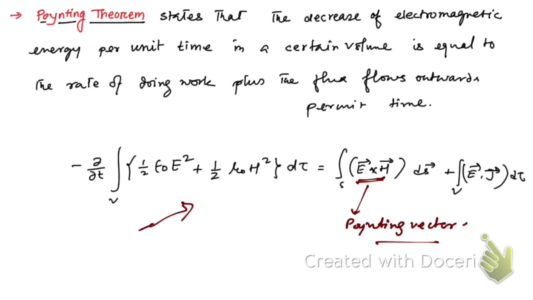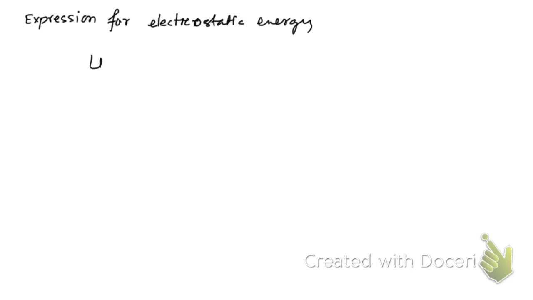Let me take a new slide. Expression for electrostatic energy, which I write as U_E, is given by half the volume integral of E dot D d tau, where d tau is a volume element.